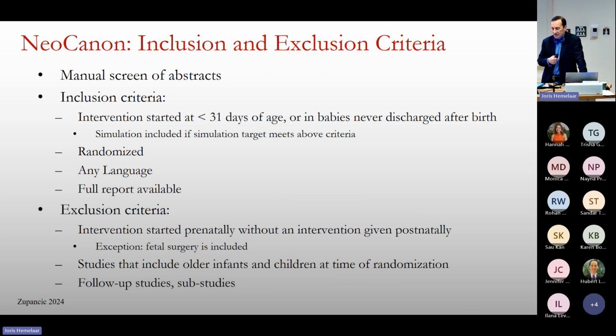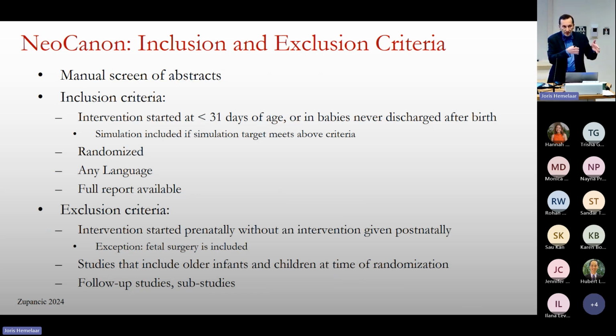We did not, however, include animal studies in that range. Obviously it had to be randomized with a formal statement of how that randomization occurred. Now, although the first pass was English only, we've now been able to use any language with modern translation techniques, which was very easy, and the full report had to be available.